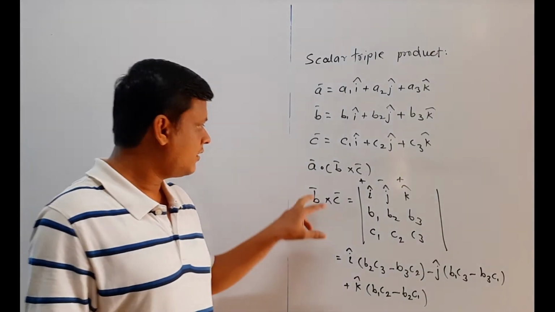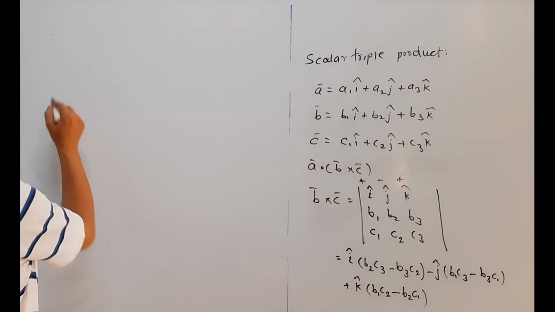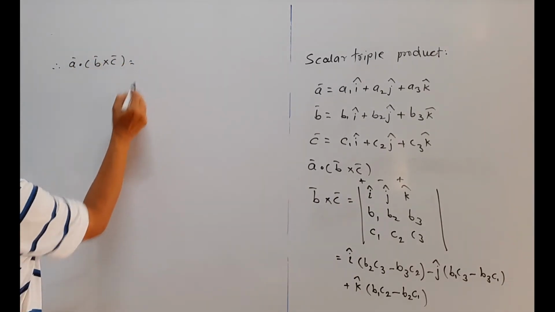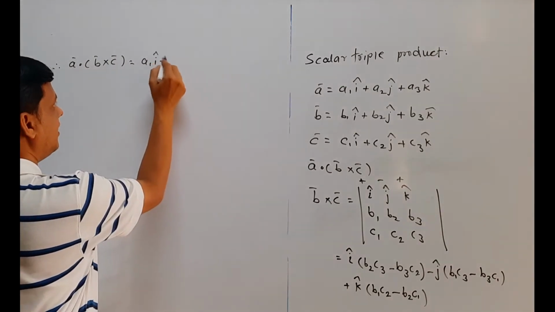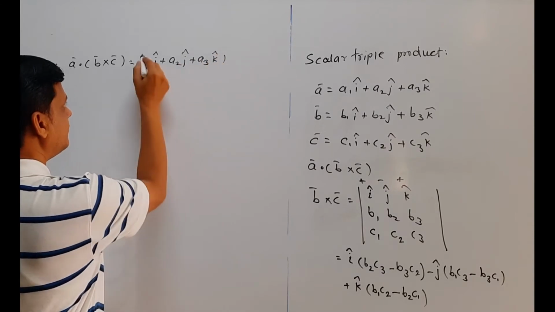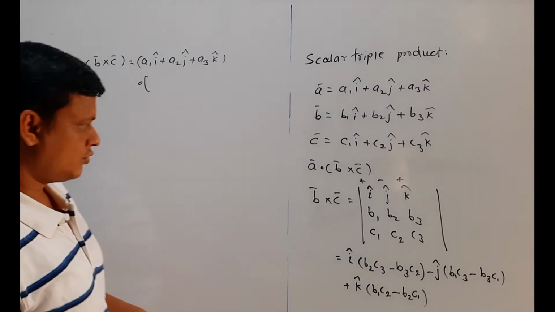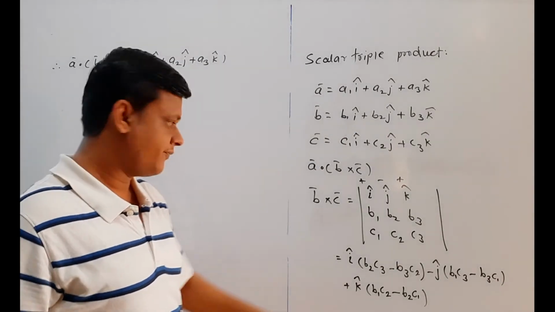Now we write the scalar product a bar dot b bar cross c bar equals, now substitute the value of vector a as a1i plus a2j plus a3k, dot in bracket. So we substitute the value of b bar cross c bar which we calculated here.